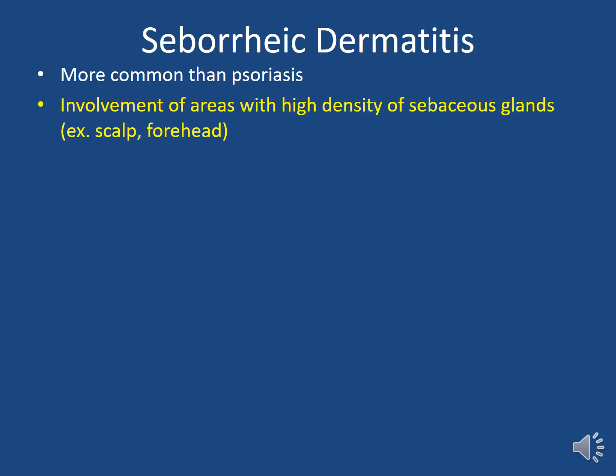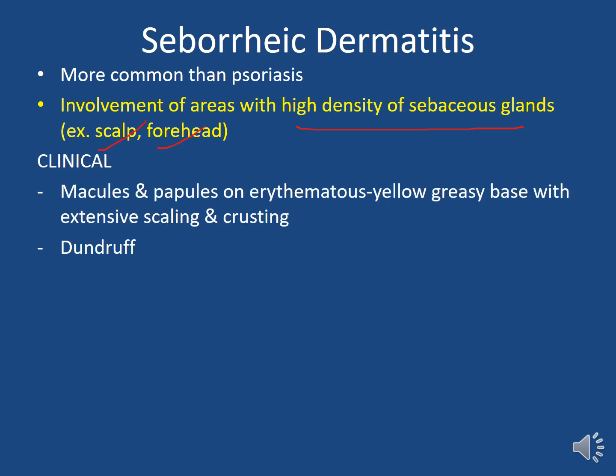Okay. Another form of chronic dermatosis is seborrheic dermatitis. It is more common than psoriasis, and the lesions are characteristically seen in areas of the body with a high number of sebaceous glands, particularly in the scalp and in the forehead.